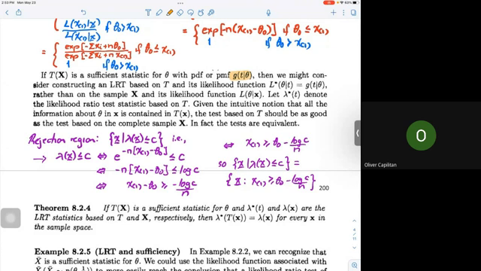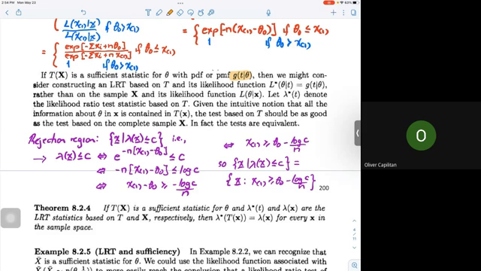Having this likelihood function L of theta given our sample x, if we let lambda star of t denote the likelihood ratio test statistic that is based on the sufficient statistic t, it says here, given an intuitive notion that all of the information about our theta in X is contained in our sufficient statistic, because we know that the sufficient statistic contains all the information about our unknown parameter theta.